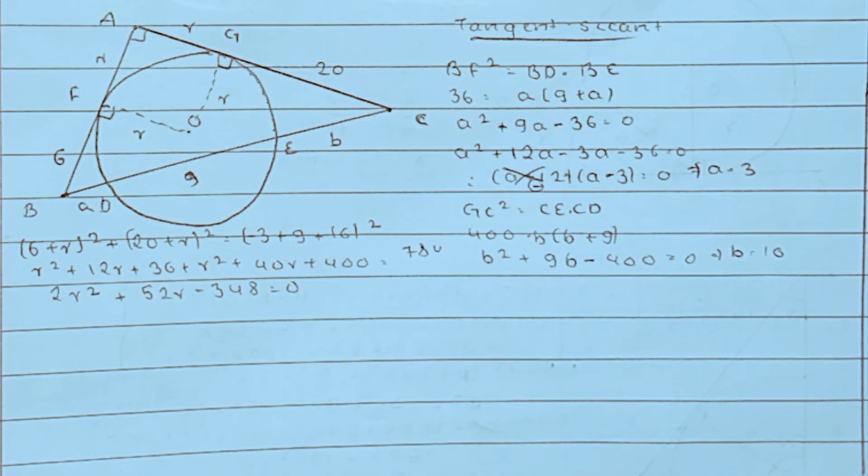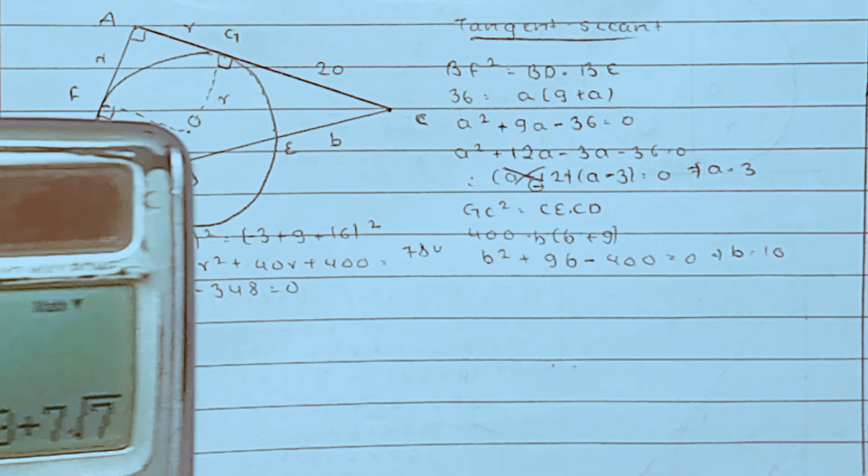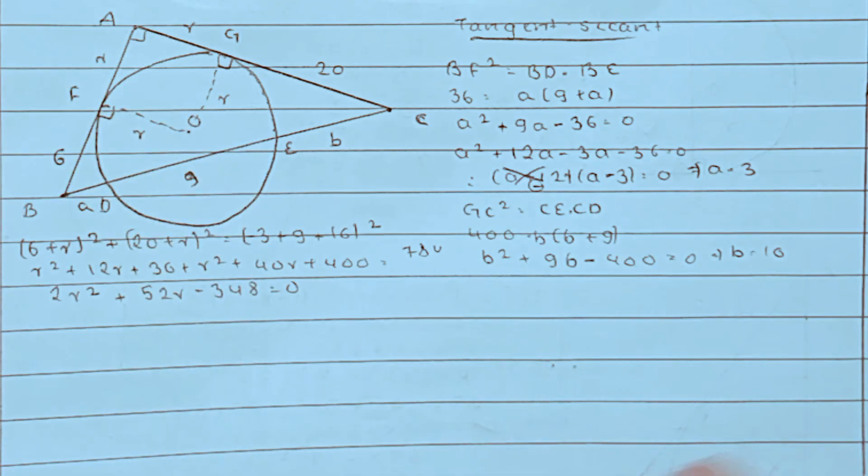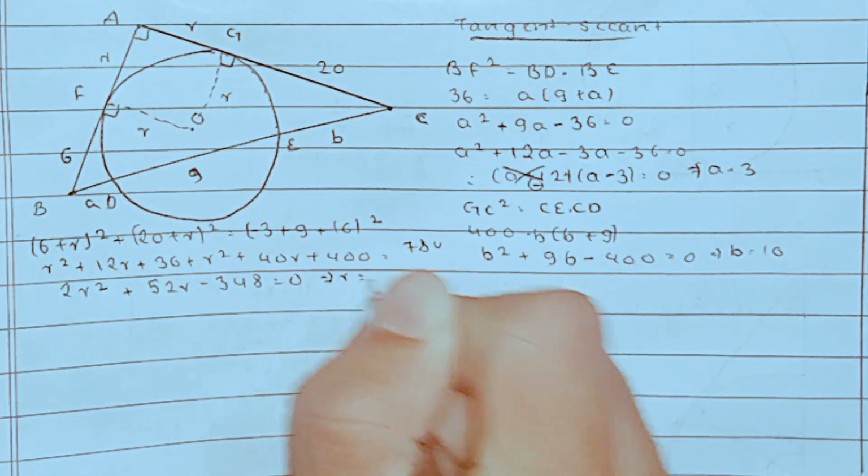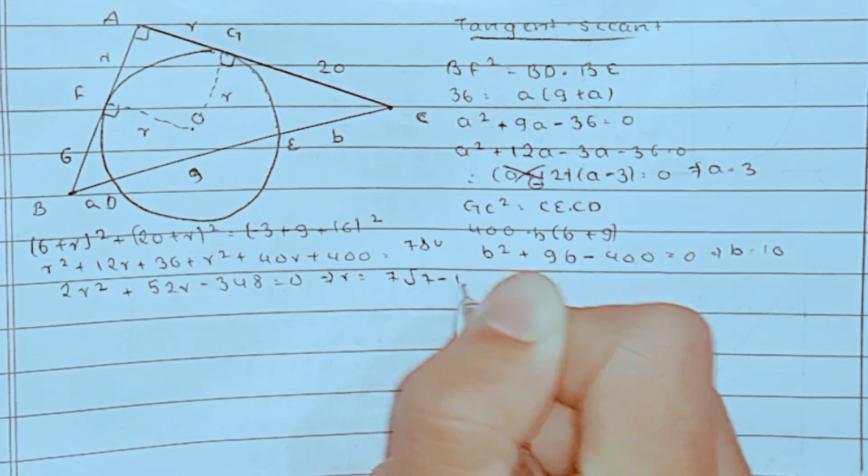So we have 2, we have 52, and finally minus 348. So we get a value of minus 13 plus 7 root 7. Okay, so we'll take the positive value, so r is equal to 7 root 7 minus 13.